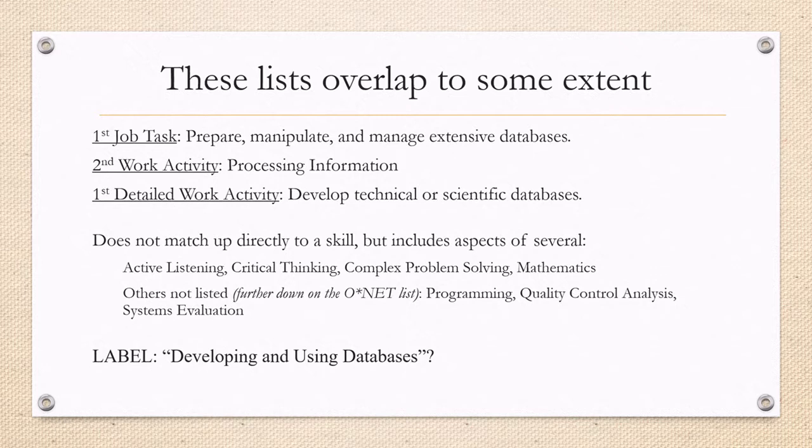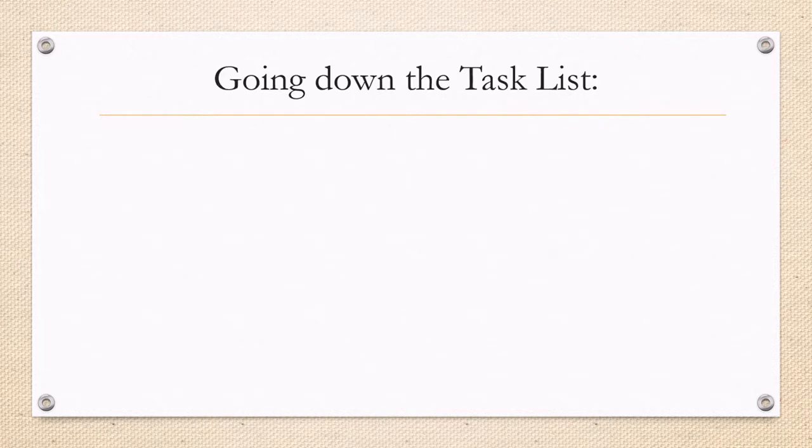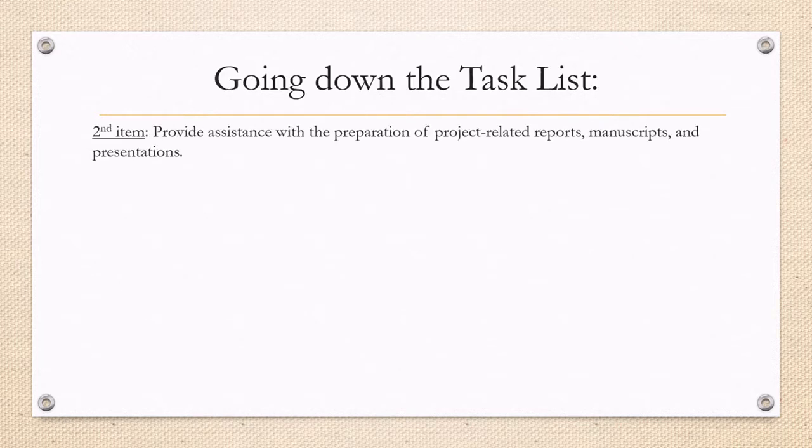So let's go down the task list. The second item on the task list is provide assistance with the preparation of project-related reports, manuscripts, and presentations. So what can we find on the other lists that might match up to this?